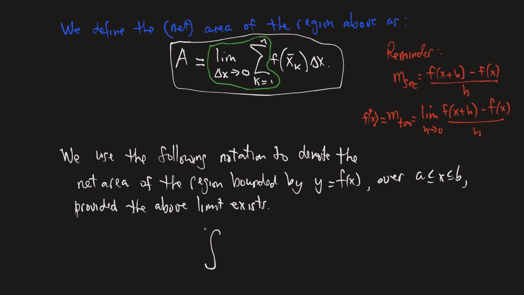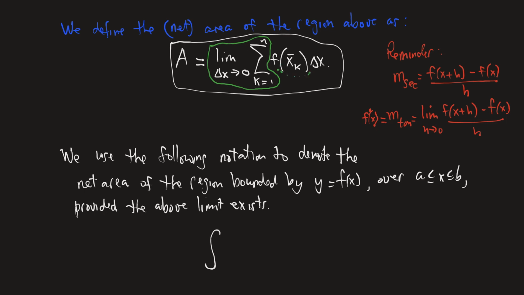So it's like an elongated S. Some people call it a seahorse. So that's where this goes. The limit and the sigma notation is all wrapped up into this, right?